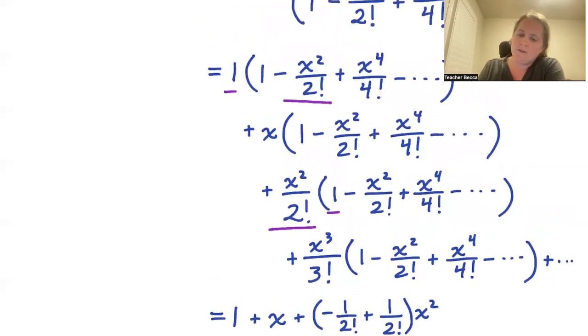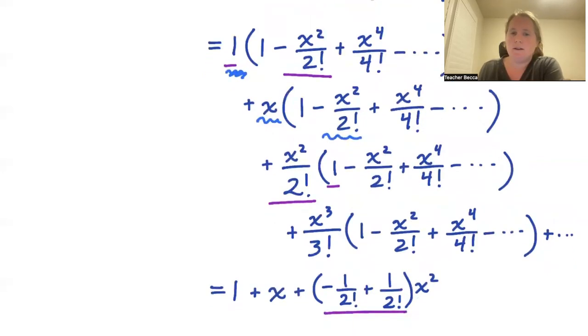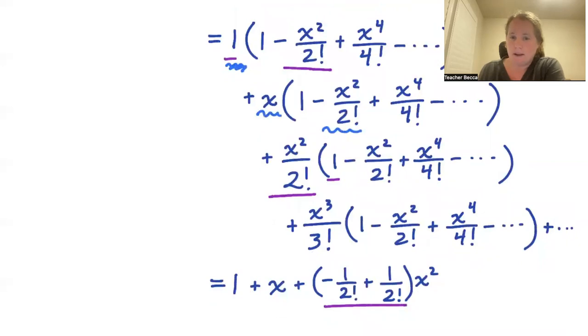For x cubed, we would have our 1, the 1 times won't get us there. x times a minus x squared over 2 factorial will get us there, as well as a x cubed over 3 factorial times 1.